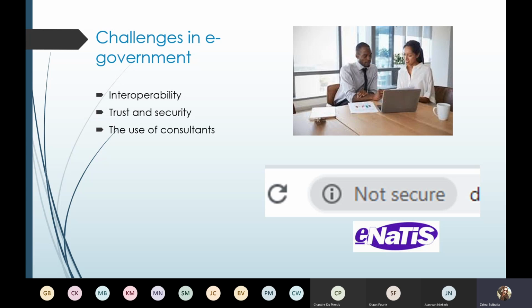So what was supposed to happen was by now, we would have been able to log on to the eNaTIS website, hopefully register an account, and request a driver's license test or a learner's license test from pretty much anywhere in the country.